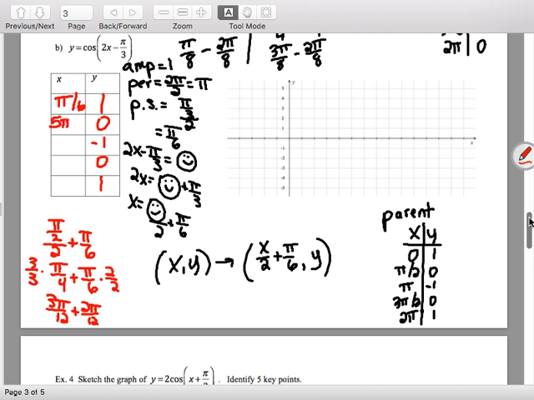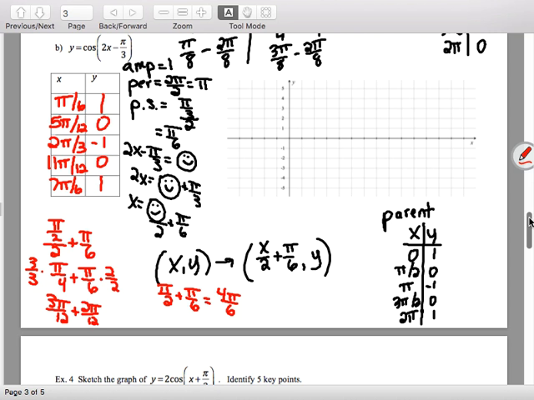Did you guys get 5 pi over 12 for the second one? All right, good. And please, please, please reduce. So the third one, I'm getting 4 pi over 6, so that's 2 pi over 3. And then I got 11 pi over 12. And then 7 pi over 6.